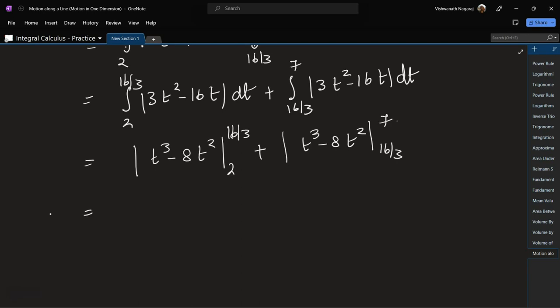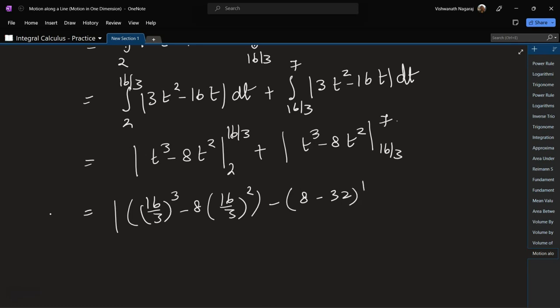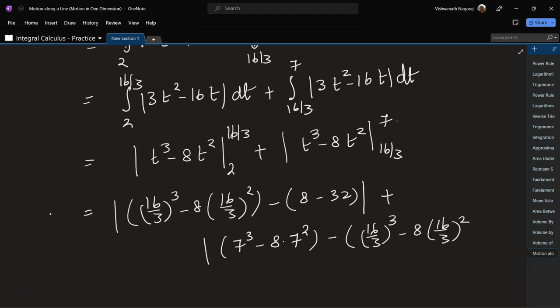This would be equal to the absolute value of 16 by 3 cube minus 8 times 16 by 3 square, minus, substituting 2, we get 8 minus 32, plus 7 cube minus 8 times 7 square minus 16 by 3 cube minus 8 times 16 by 3 square.